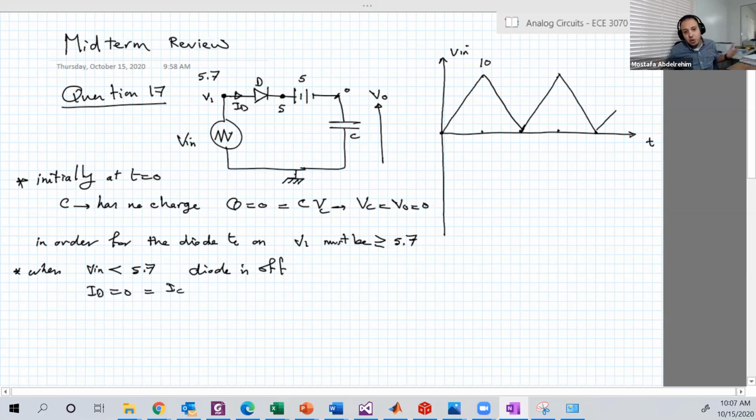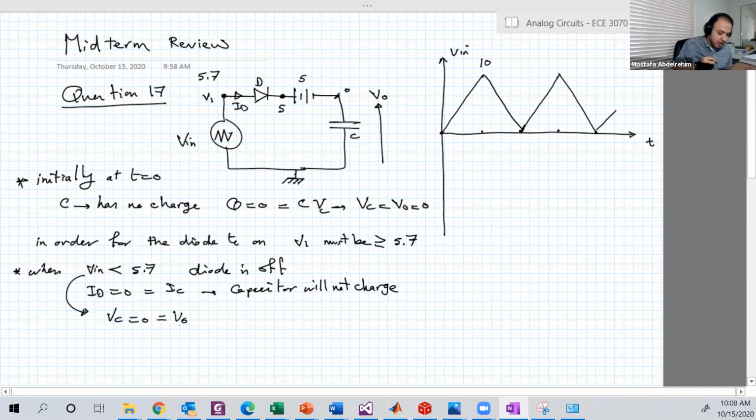There is no current flowing in the capacitor, so the capacitor will not charge. So as long as V input is less than 5.7, VC is equal to 0 because there is no charge on the capacitor plates, which is equal to VO.